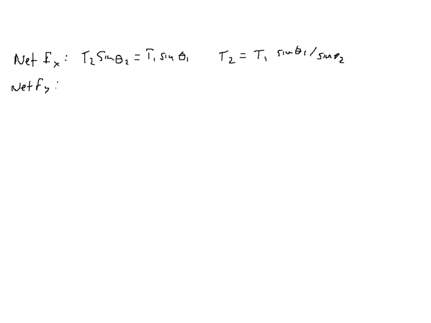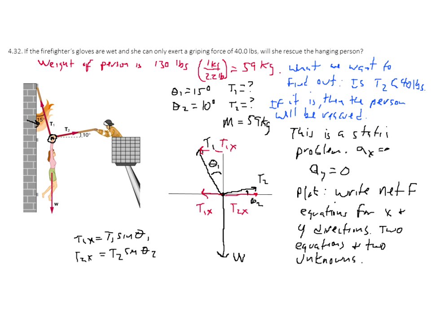So we can then do the net force in the y direction. And in this case, we end up with, sorry, I goofed up. So nobody caught that. So this is actually going to be, T2 is going to be the adjacent one, so this is going to be the cosine of theta 2.